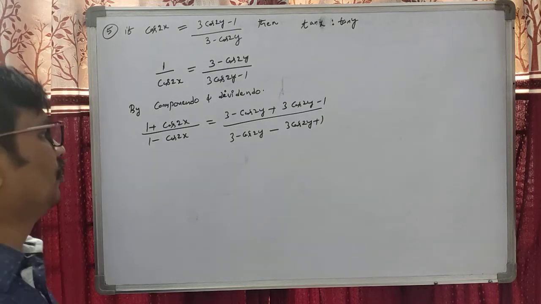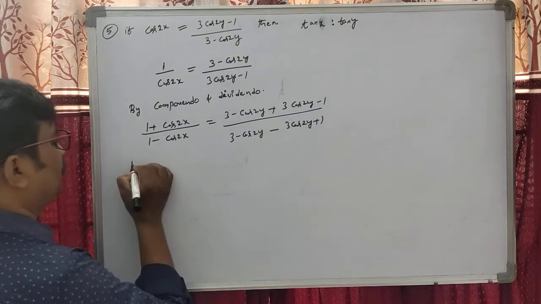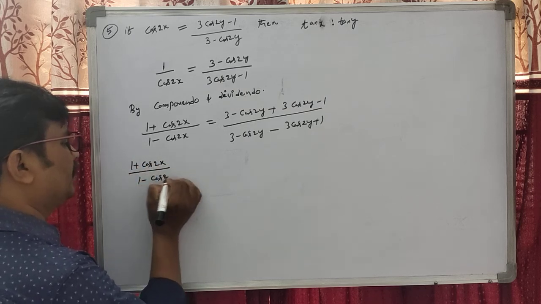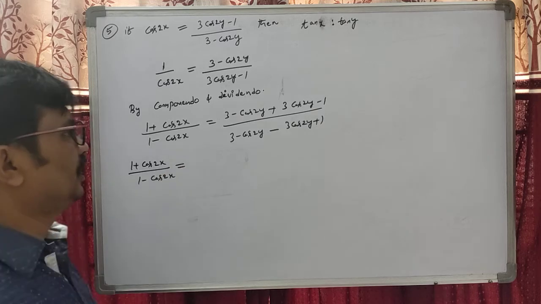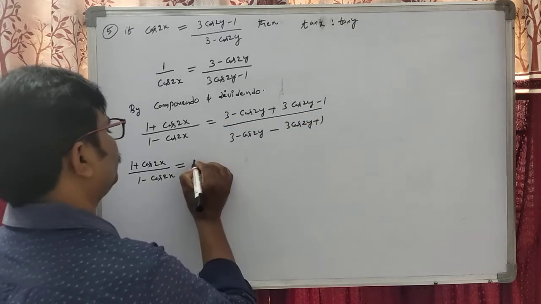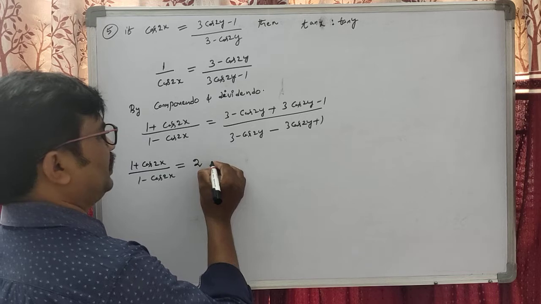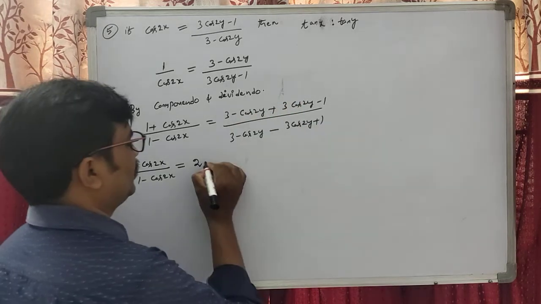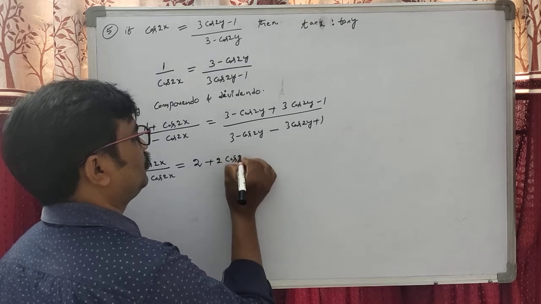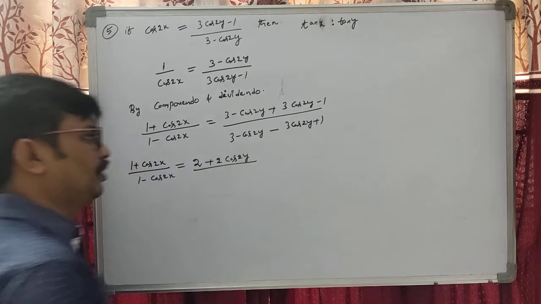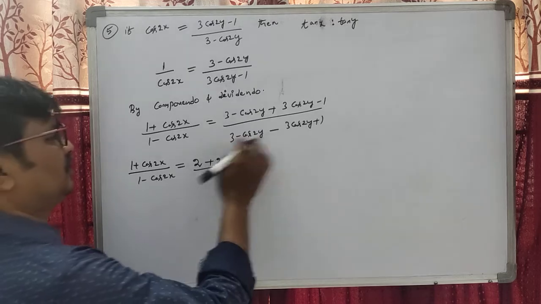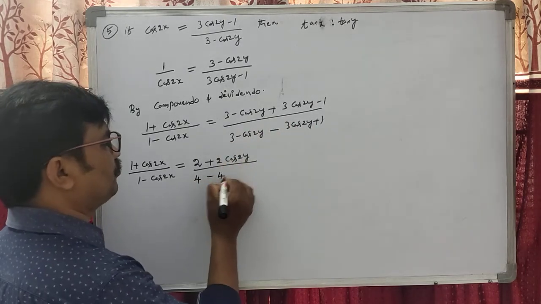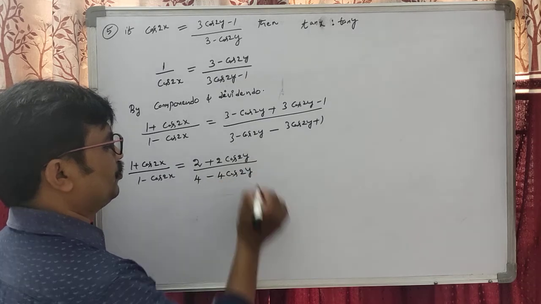Okay, students, how can you write it? This is 1 plus cos of 2x by 1 minus cos of 2x. 3 minus 1 is, students, 2. Therefore, students, 3 minus 1, this is 3 cos 2y, this is minus of cos 2y. So, student, this is 2 cos of 2y upon, so students, 3 plus 1 is 4, minus 3 cos 2y minus 1 is minus 4 cos of 2y.